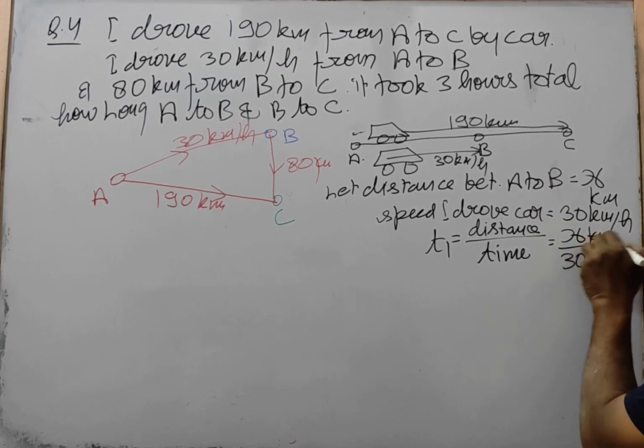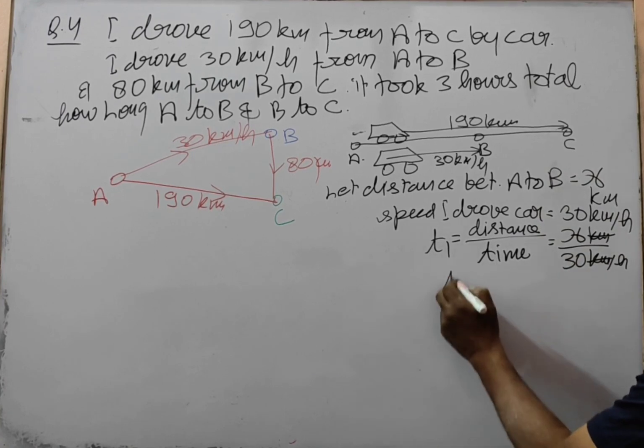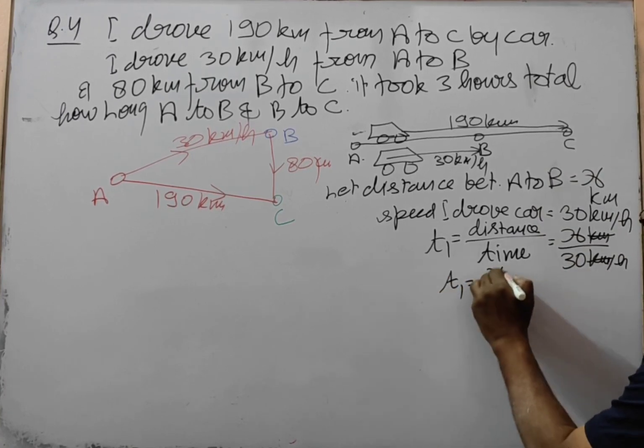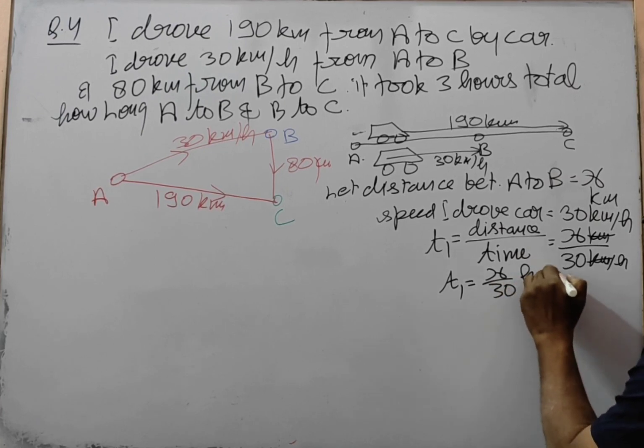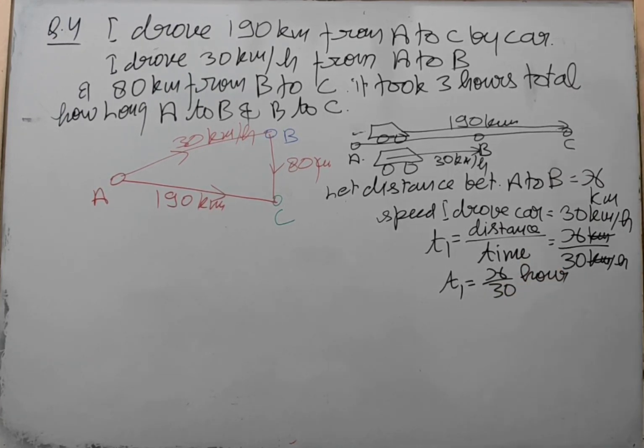So the kilometers cancel out. So T1 is equal to x upon 30 hours. Okay. Now.